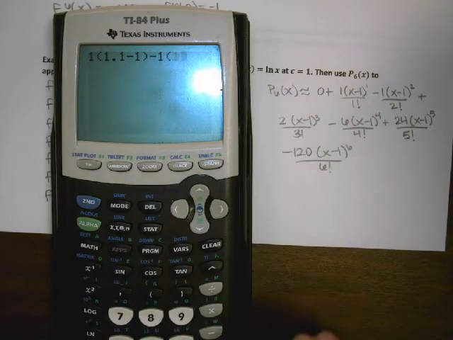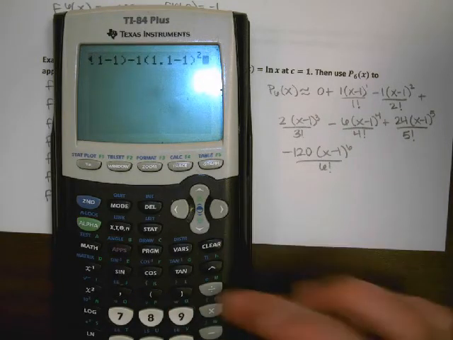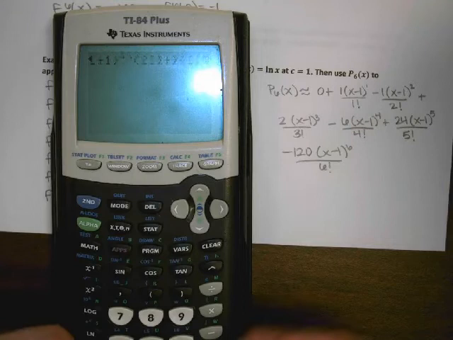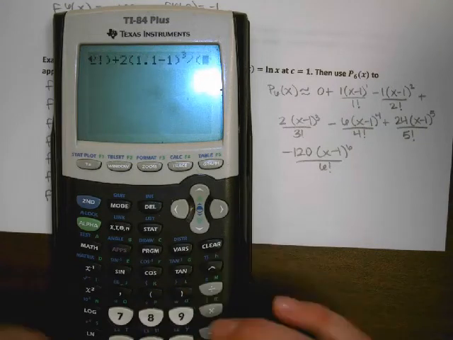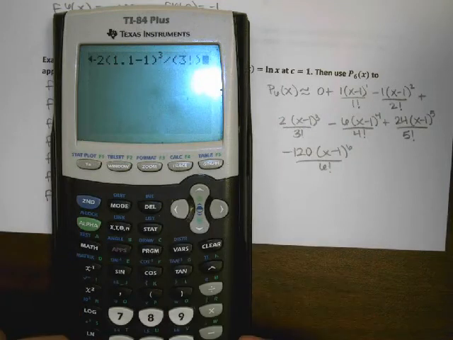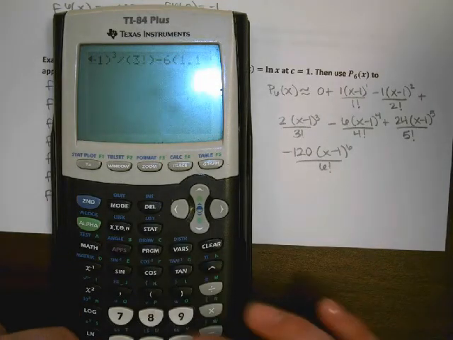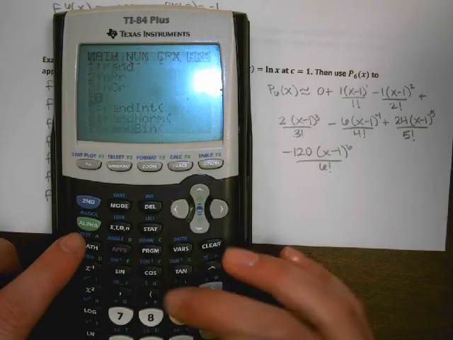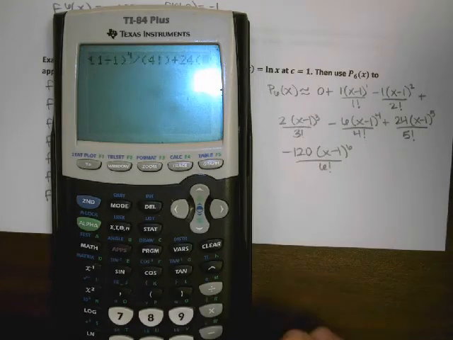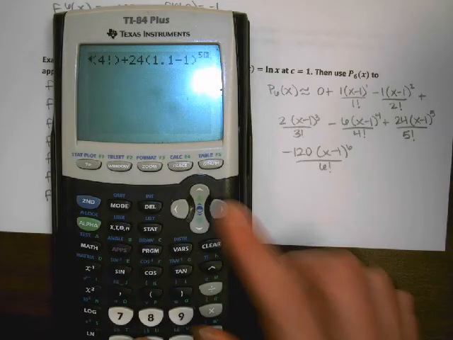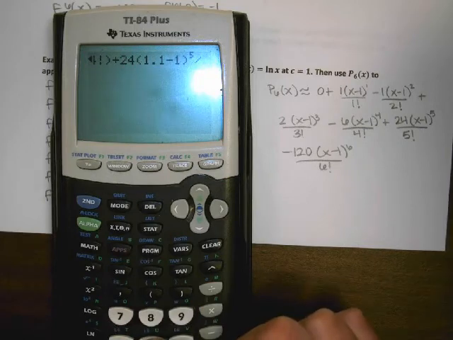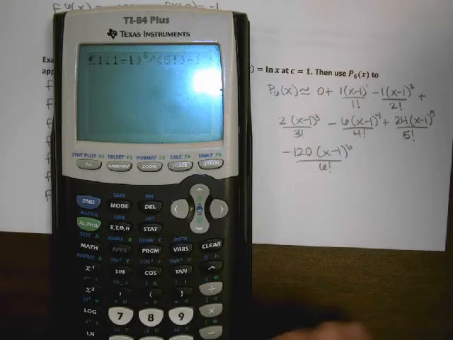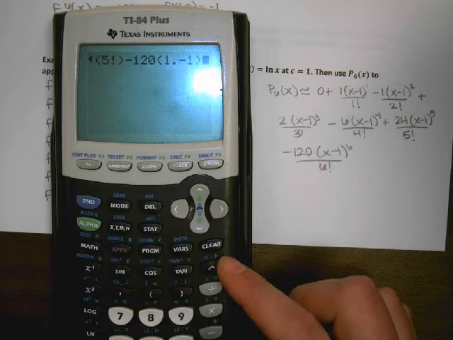Minus 1 times 1.1 minus 1 to the second divided by 2 factorial, plus 2 times 1.1 minus 1 to the third divided by 3 factorial, minus 6 times 1.1 minus 1 to the fourth, plus 24 times 1.1 minus 1 to the fifth divided by 5 factorial, minus 120 times 1.1 minus 1 to the sixth.